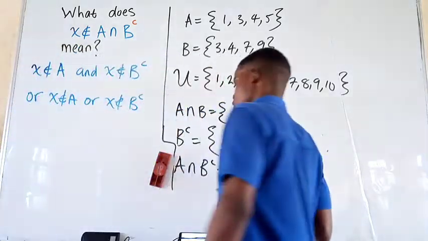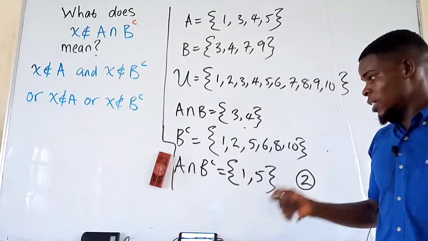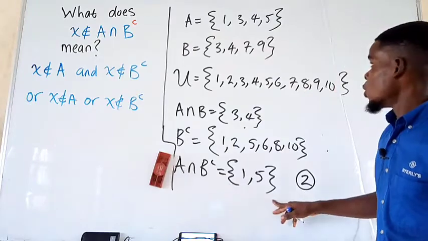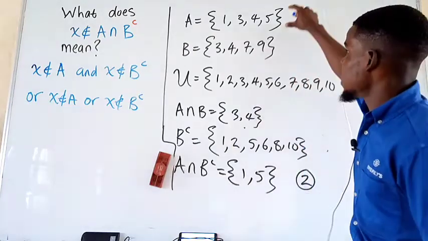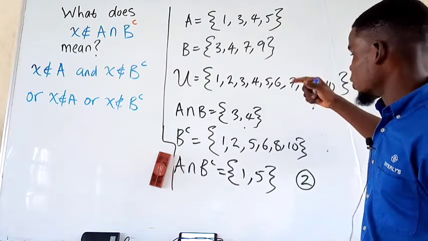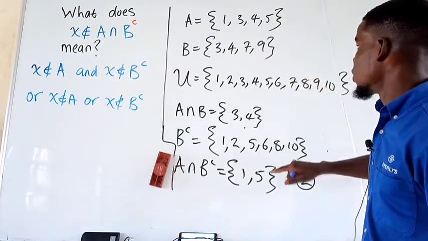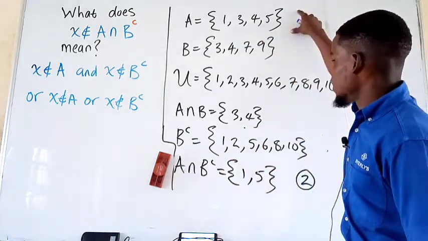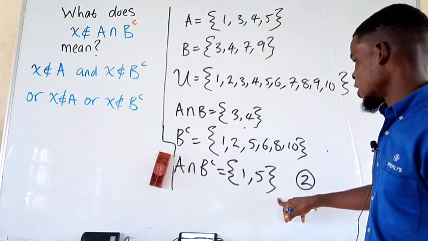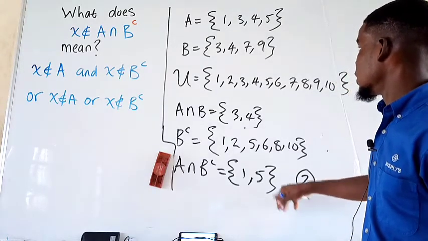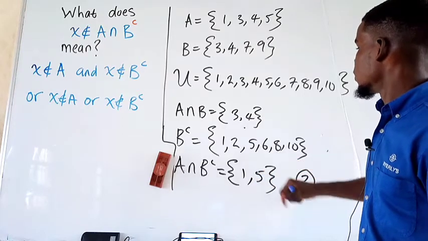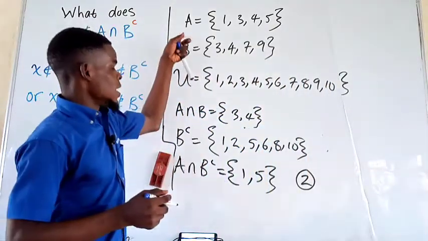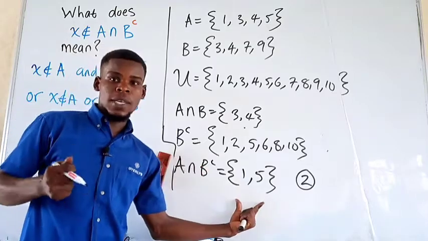So from the illustration we just had here, we see that if it is not in their intersection, it means that it may not even be in any of them. Let's talk about the element 7, alright? 7 is not in A and 7 is not in B, so 7 cannot even come here.